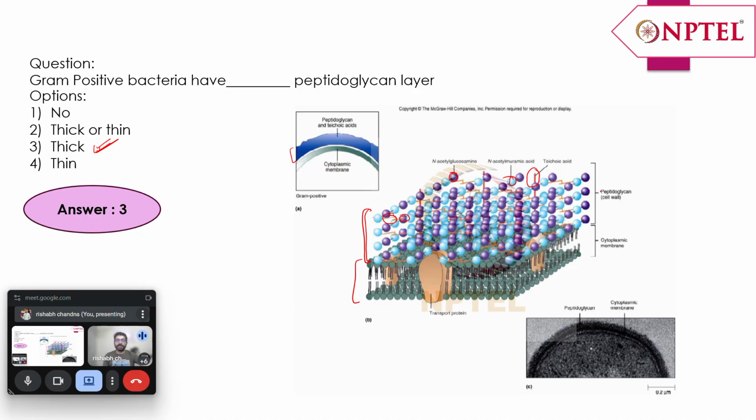Okay, here an interesting thing to note is that nearly all the bacteria that are antibiotic resistant in today's scenario are gram positive, because they have a unique feature: they have D amino acids.